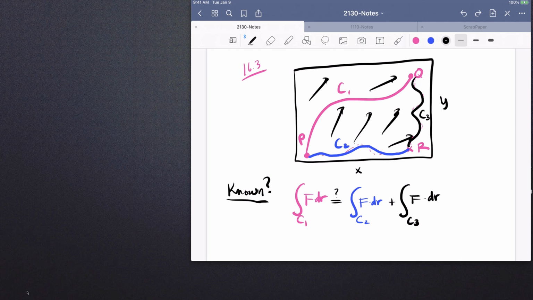We've seen in previous videos that one can compute line integrals along a variety of paths.